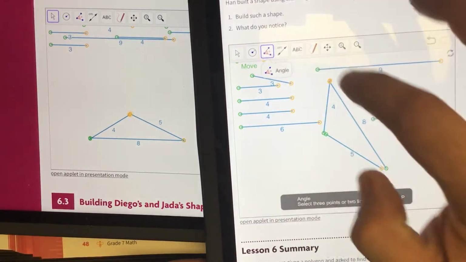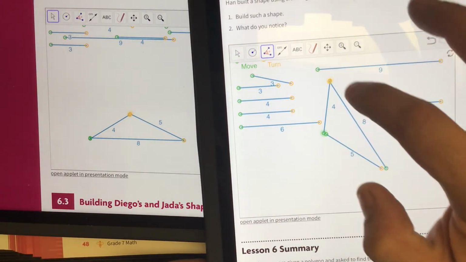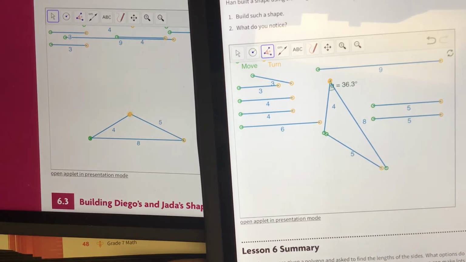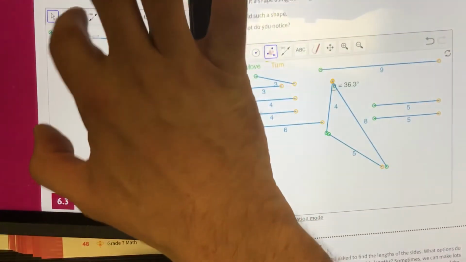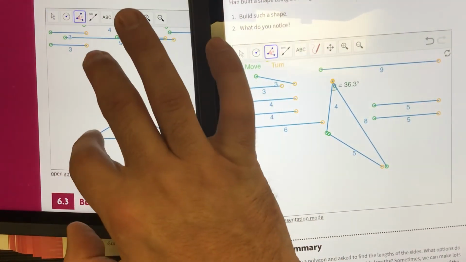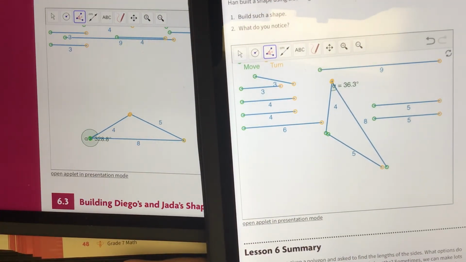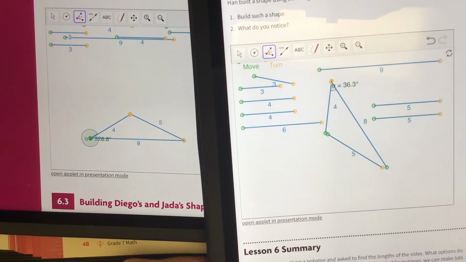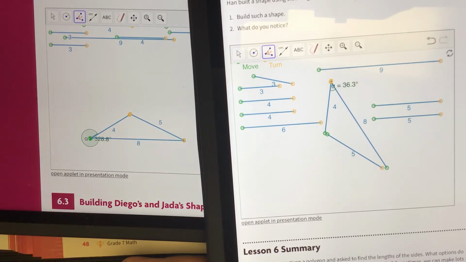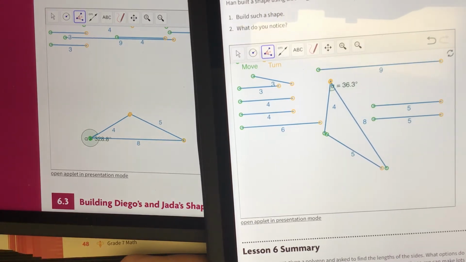Let's check it. What's 360 minus 328? 32.